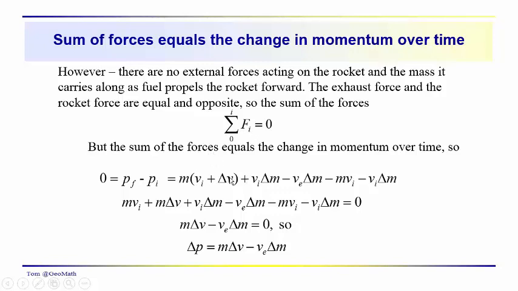However, there is a change in momentum, depending on what it is that you're looking at. We're looking at the momentum change in the final and the initial momentum of the rocket.